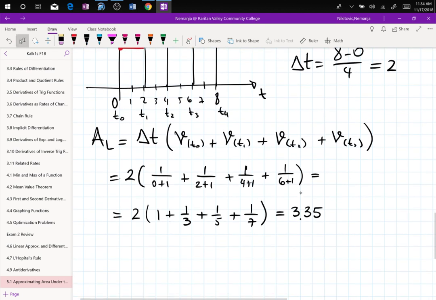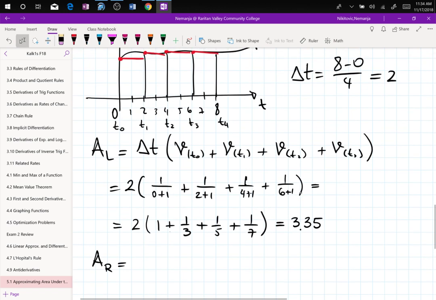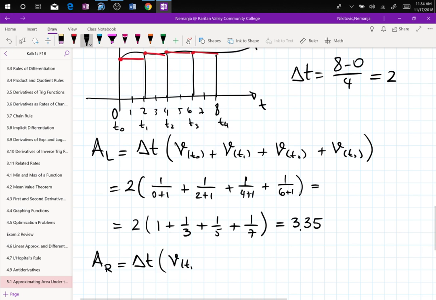Now for the right rectangles, which is AR, we are going to use the right sides to compute. So that's going to be delta t, and now we're starting at t1. Because for the first rectangle, t1 is on the right side, and that would give a rectangle backwards. So it goes this way now, the blue one. So we have v of t1 plus v of t2 plus v of t3 plus v of t4.